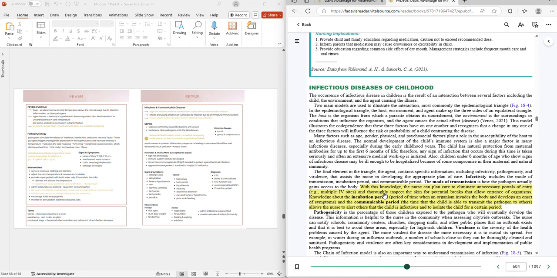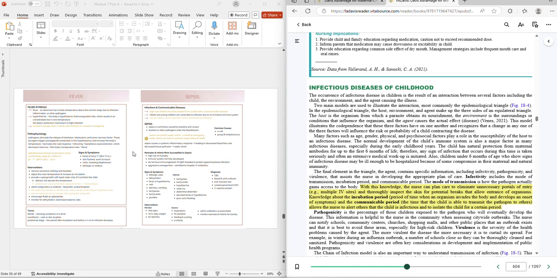That's when the organism is invading the body and the symptoms start, kind of incubation. And then the communicable period is when the child is contagious, okay? They can transmit that pathogen to others, all right? So just be familiar with those terms, winks and lollipops, okay?